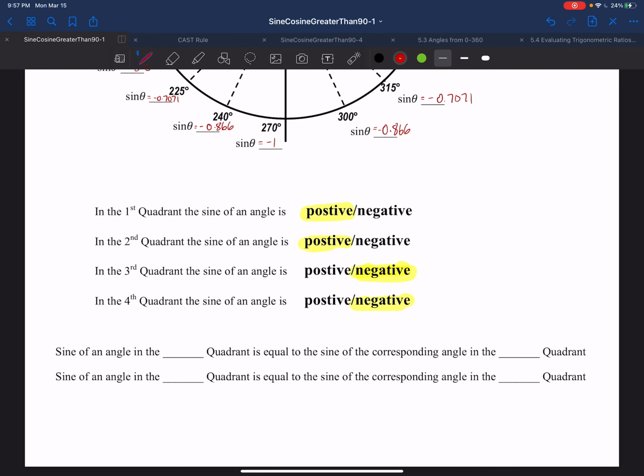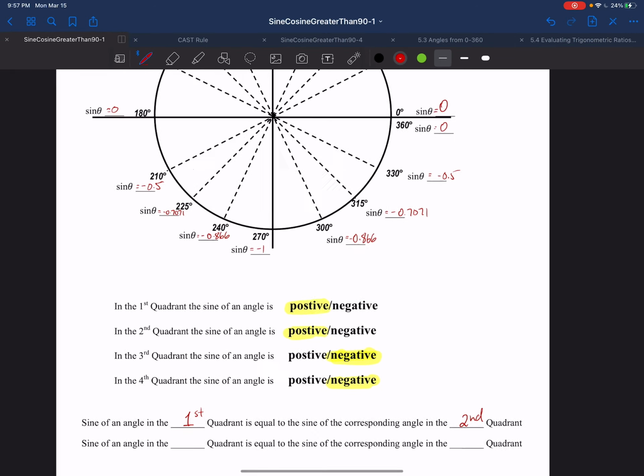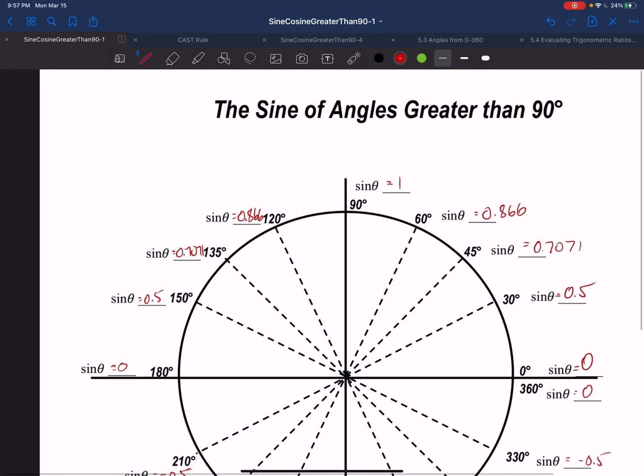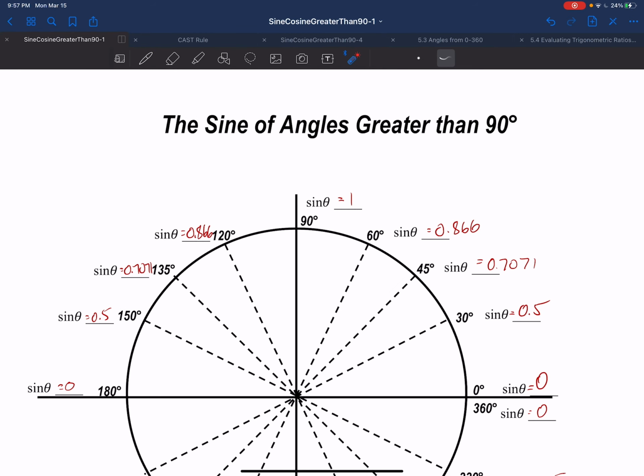The sine of an angle in quadrant 1 is equal to the sine of the corresponding angle in the second quadrant. What that means is, 30 degrees is obviously 30 degrees away from 0, and that has the ratio of 0.5. The corresponding angle, if we reflect it on the other side, is 150.